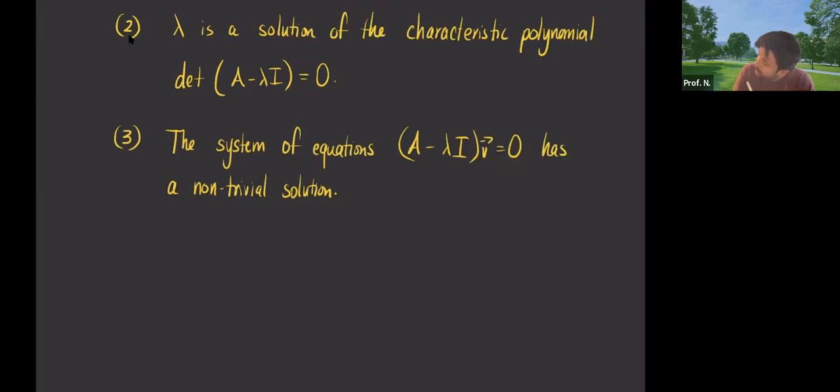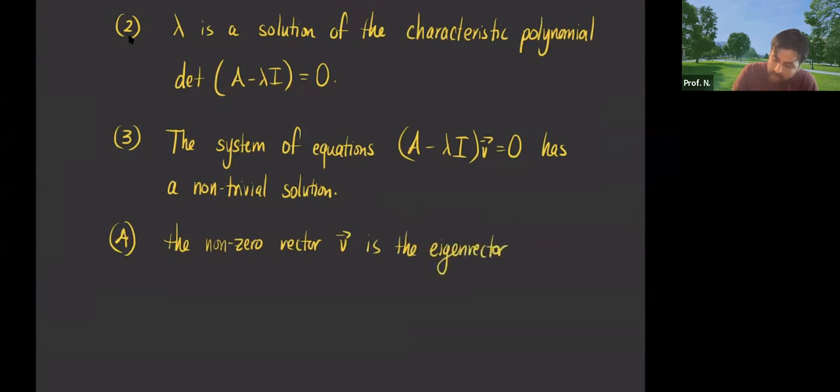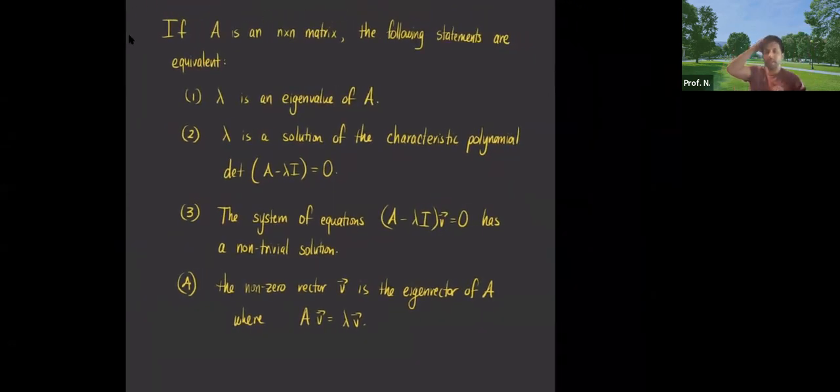And yes, the non-zero vector V is the eigenvector of A, where A times V is lambda V. Okay, so again, this is just a summary of what we already know, in bullet form. So all of these mean the same thing.